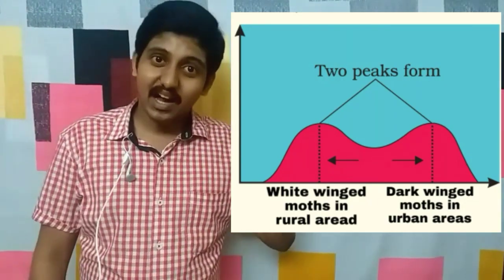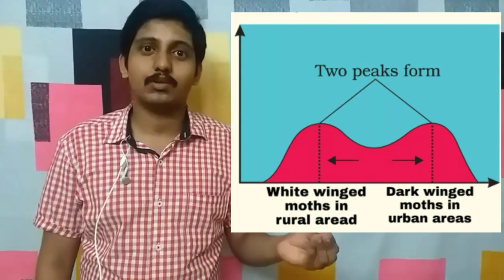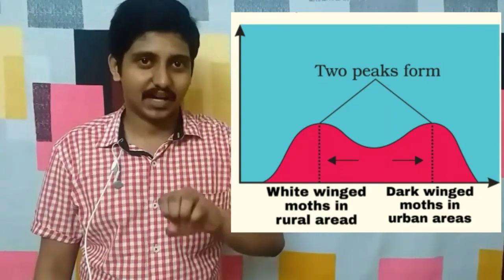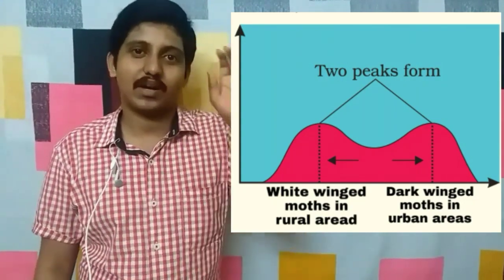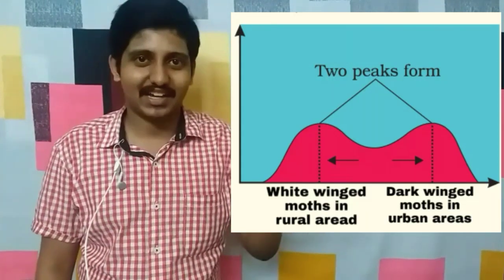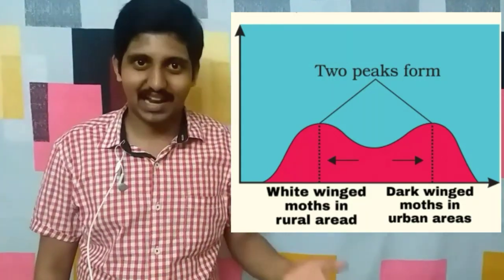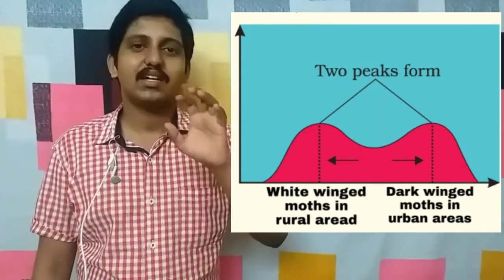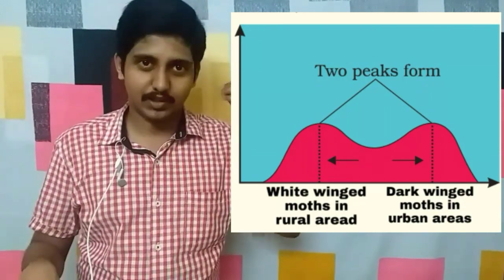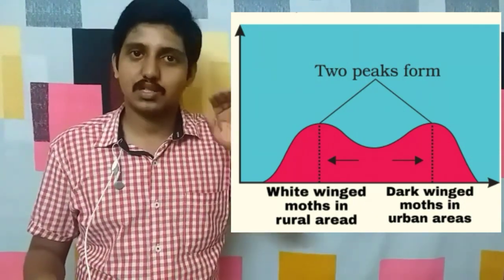But in the rural areas, the light-winged moths were able to hide from the predators because the trees were all covered with white-colored lichens, as I have told in our industrial melanism example, and hence light-winged moths were able to survive there, while dark-winged moths not.